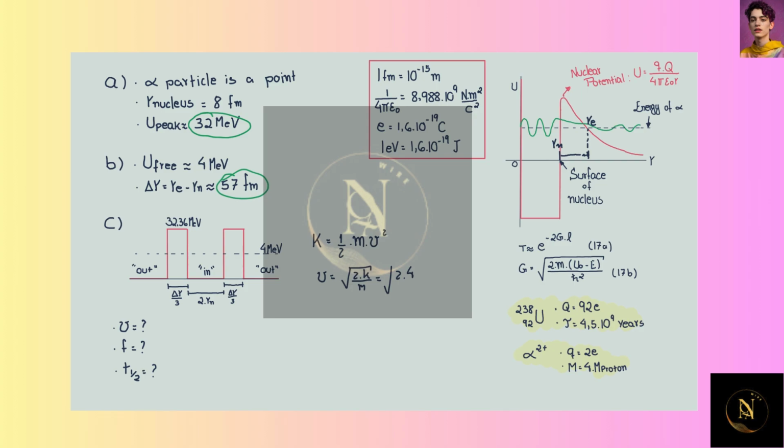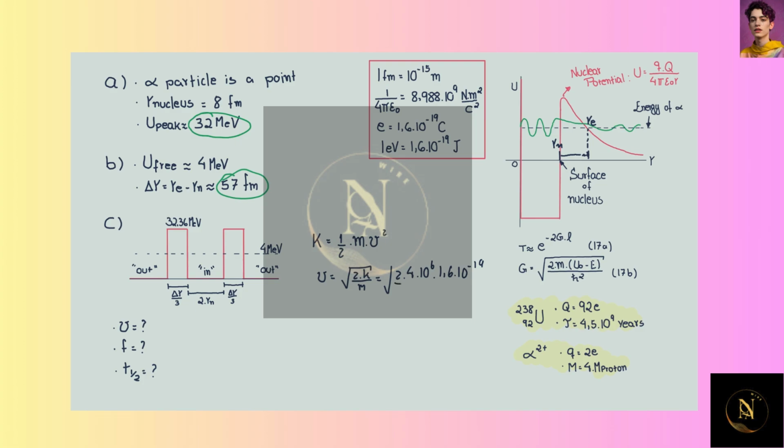Therefore, we better convert these 4 mega electron volts into joules. In order to do that, we begin by eliminating the mega, so we include the 10 to the 6th here. Now we have 4 times 10 to the 6th electron volts. In order to convert from electron volts to joules, all we have to do is multiply this quantity by the charge of a single electron, which is 1.6 times 10 to minus 19.